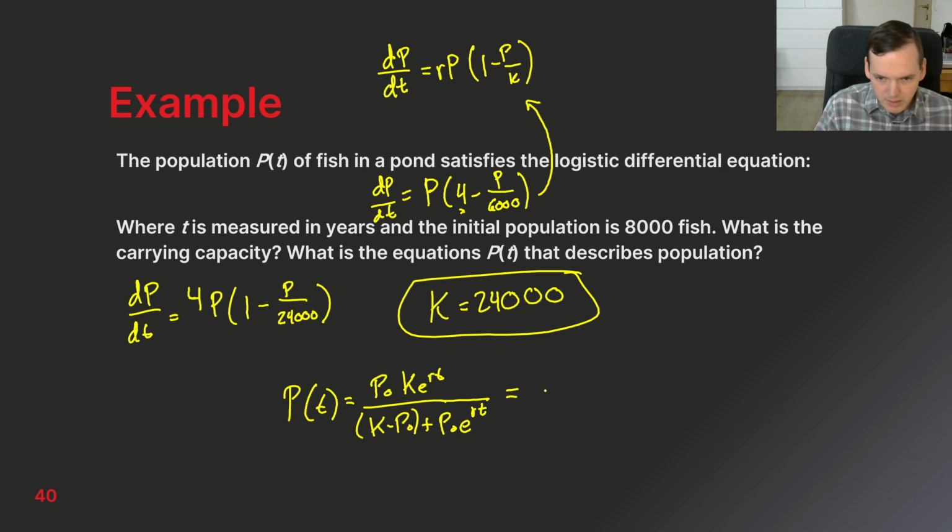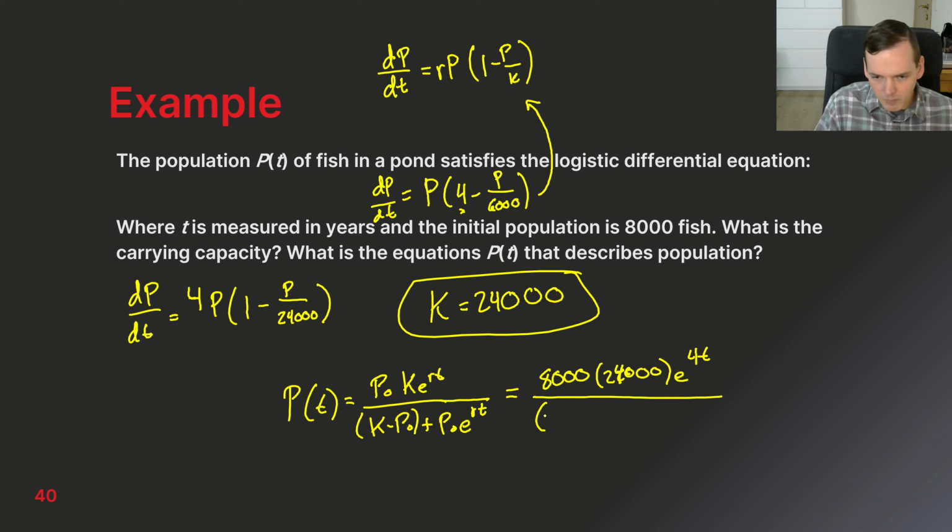So P naught is 8,000. The carrying capacity is 24,000. The growth rate R is 4.